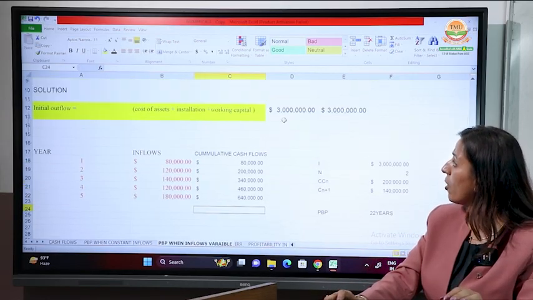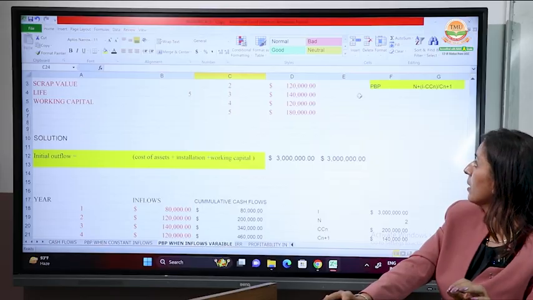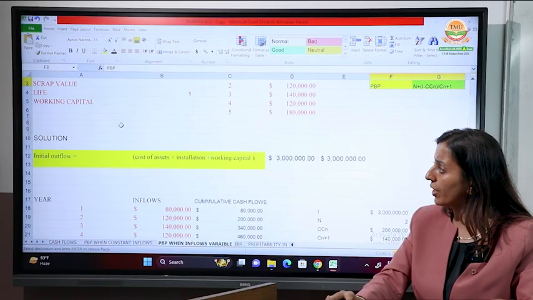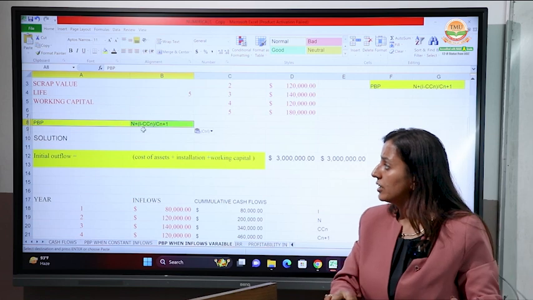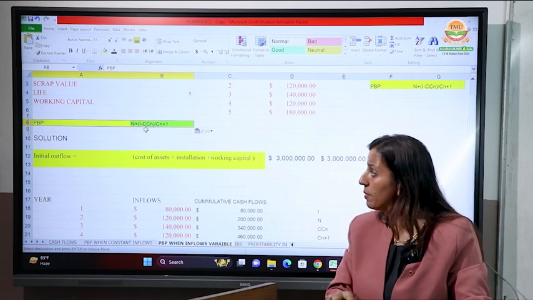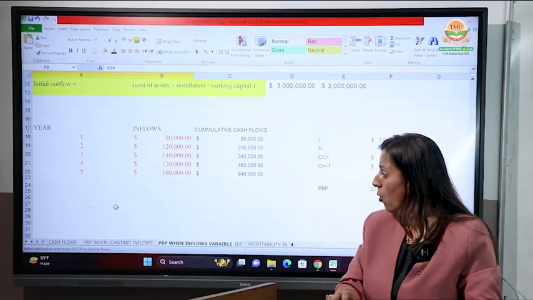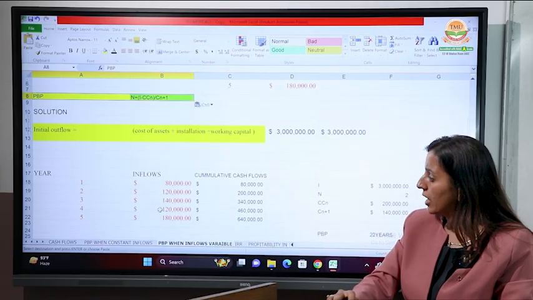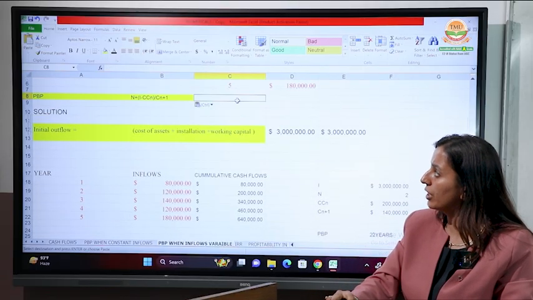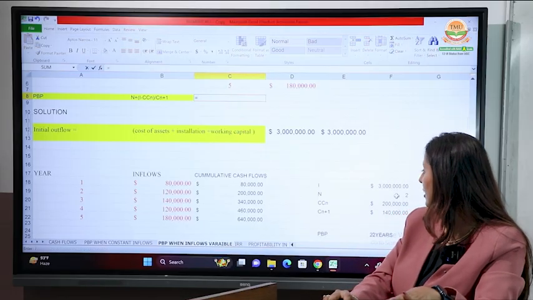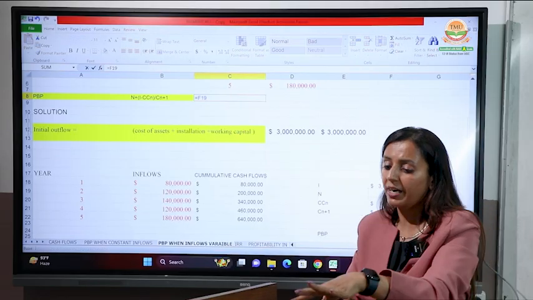Right? Now putting all the values in the formula. Payback period N. I'm just putting this formula over here for your ease. See what the formula is: N, 1 plus CCN, I is what we have invested. Putting the formula again over here so that you can easily get the answer. In how many years? That is 2. We selected 2, right?